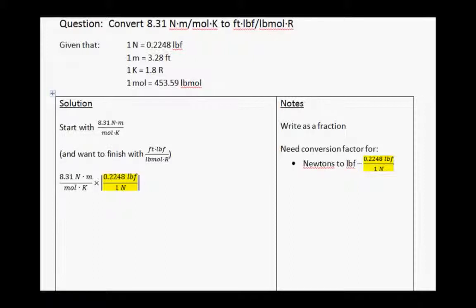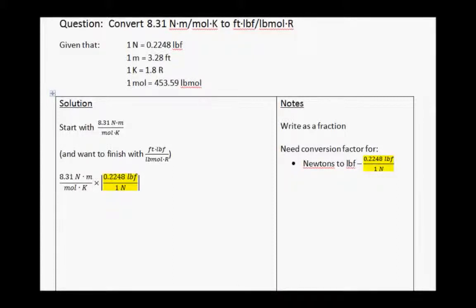Now we could do this operation now, do the 8.31 times 0.2248 and see what we get. But it is actually easier to do this question all in one step by multiplying by the other three conversion factors at the same time. So let's move on to the next conversion factor, and you'll see what I mean in the end.